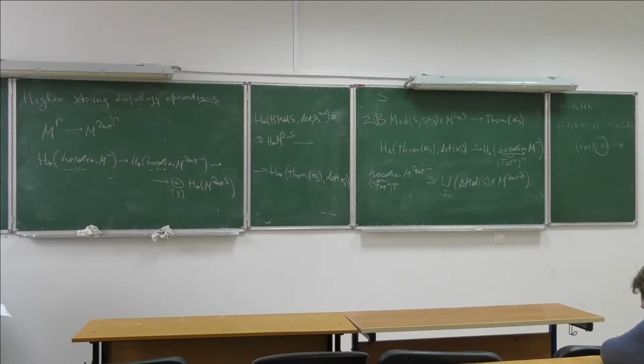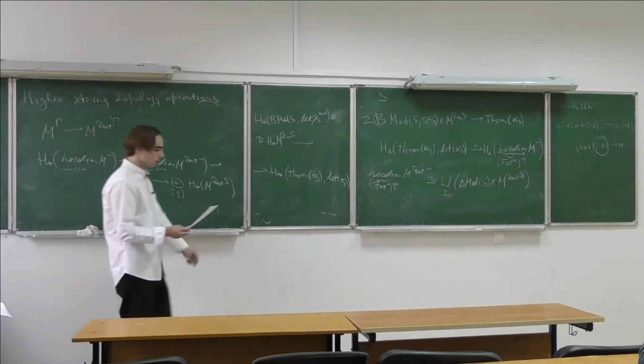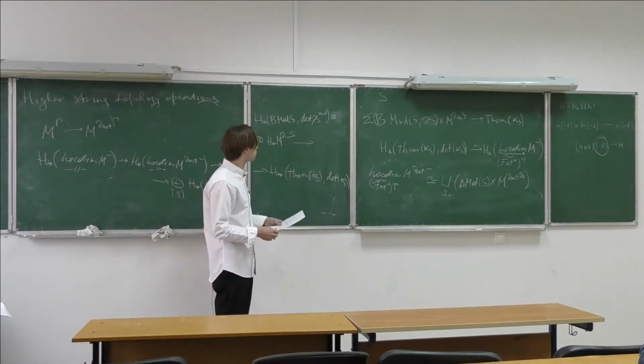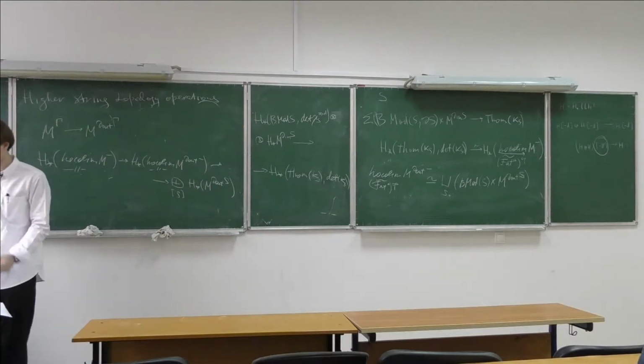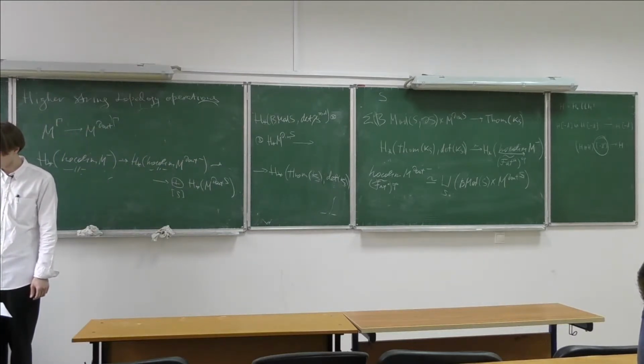It's fine, as long as the twisting downstairs pulls back to the twisting upstairs. This is a general feature of twisted homology. If I have a local system on the target and I pull it back, then there will be a map from twisted homology here to twisted homology there. Yes. Because this bundle pulls back to this bundle, everything works. Maybe because M is in there, it must have been on D somehow. Okay.